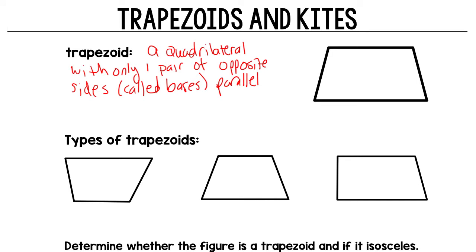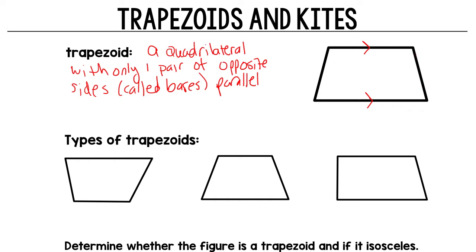So this is a trapezoid here on the right. These two opposite sides are parallel, so we can mark them like this. The other two sides are not parallel. In fact, this one has a positive slope and this one has a negative slope.